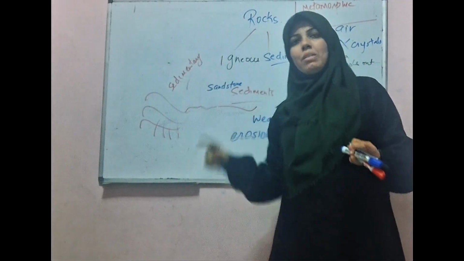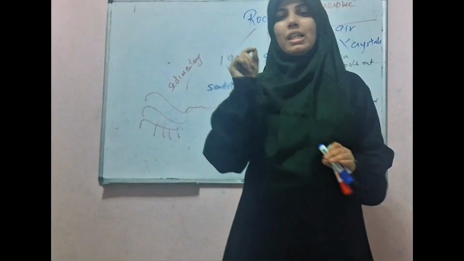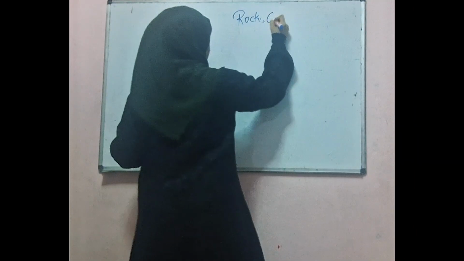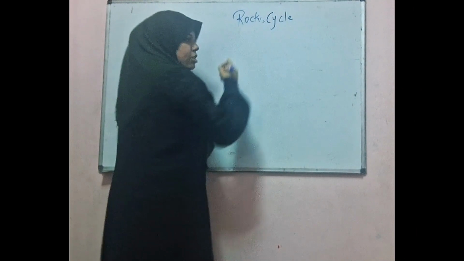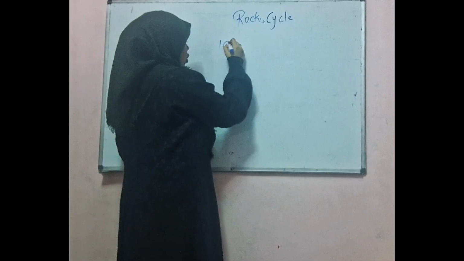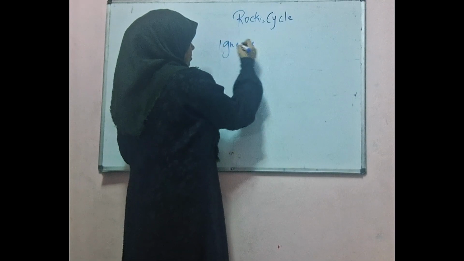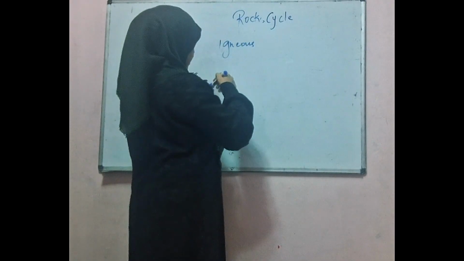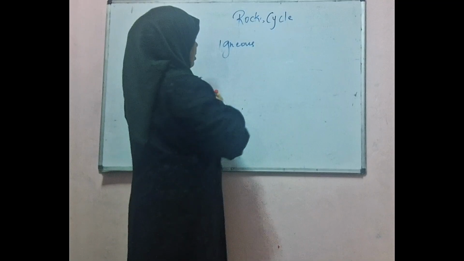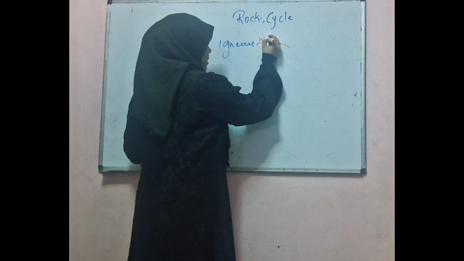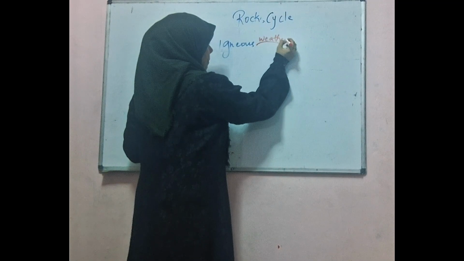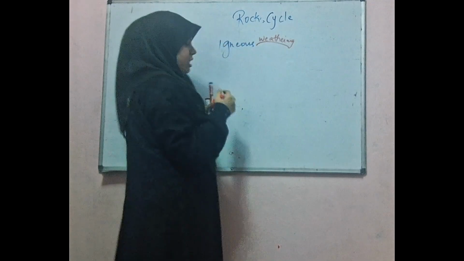Now, to sum this up, we are going to study the rock cycle. So, we start with igneous rocks. Igneous rock, due to weathering, what is weathering? Breaking down of pieces.